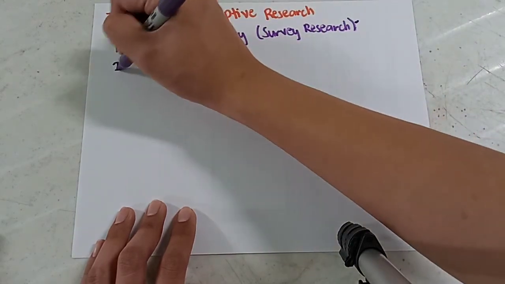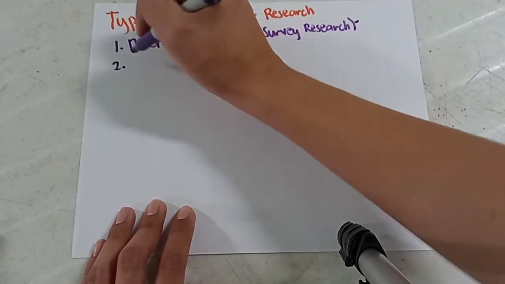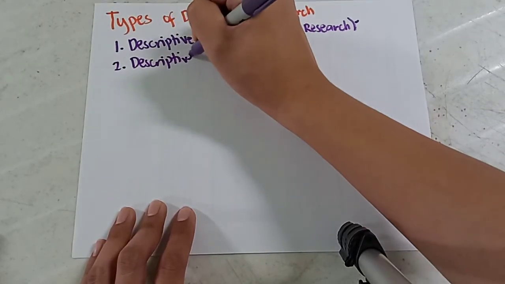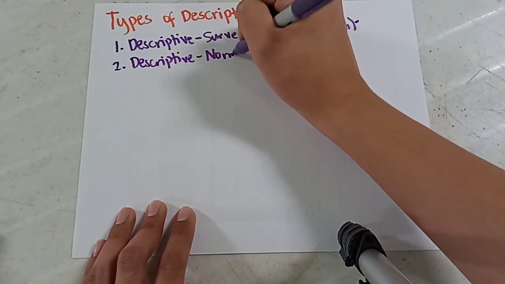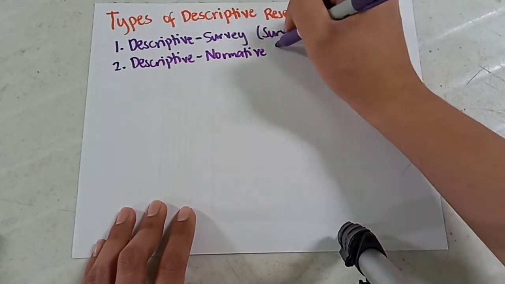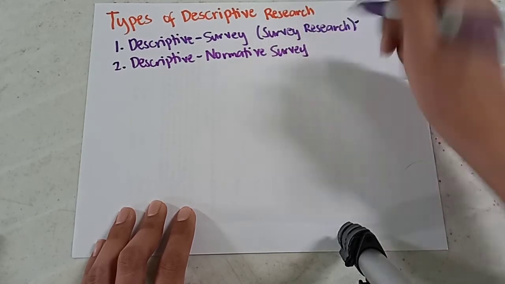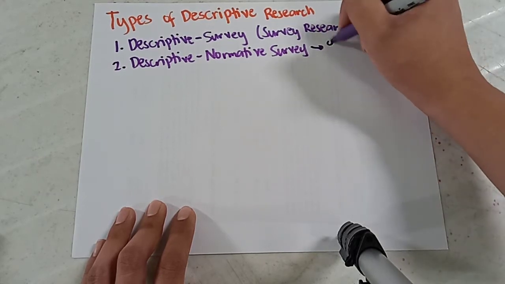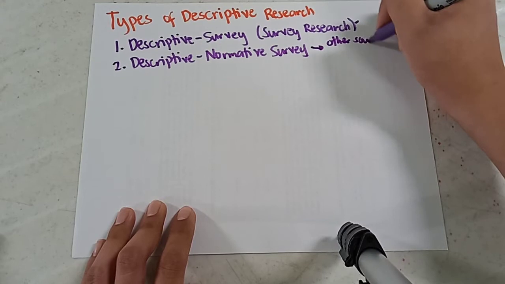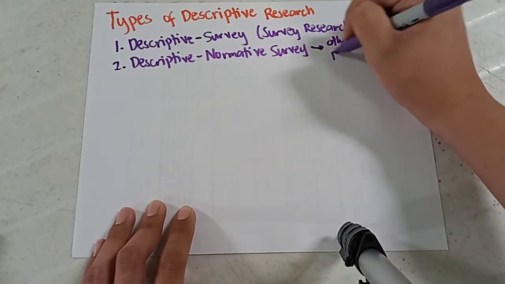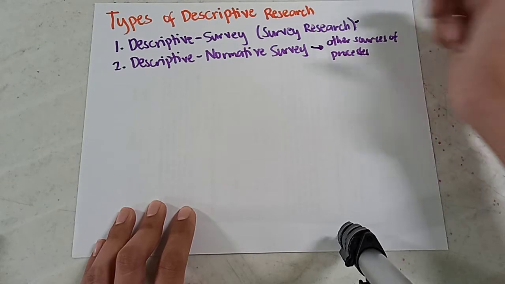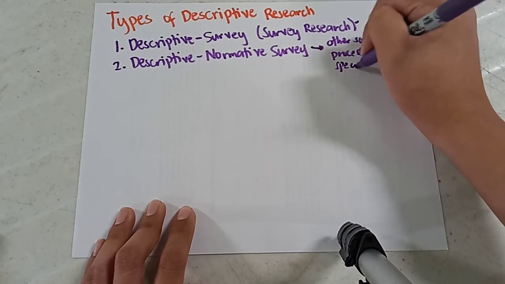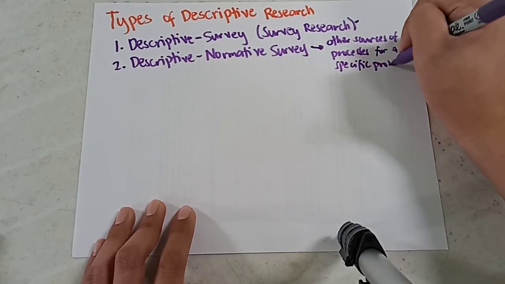Okay? So, number 2, we have descriptive normative survey. Descriptive normative survey aims to describe other sources of processes for a specific problem.